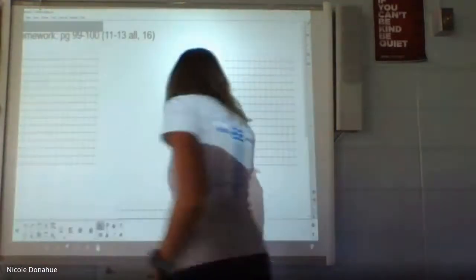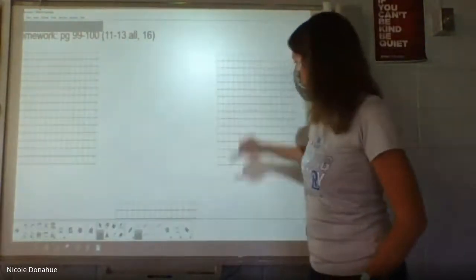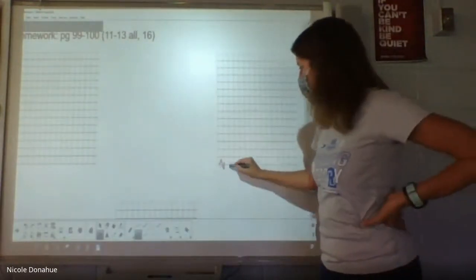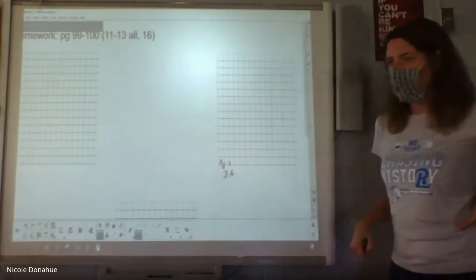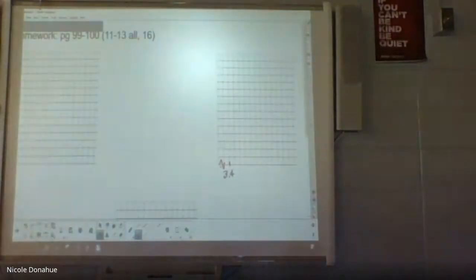3.4 is probably the lowest, so I'm going to do a little break in my graph. I need to get up to like 4.05, I believe.